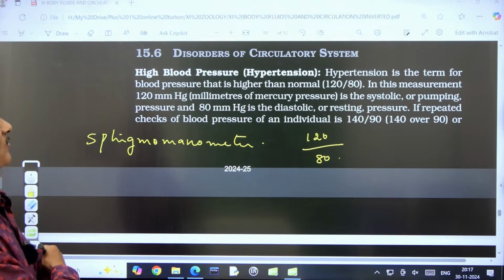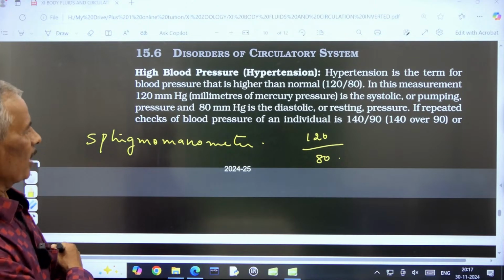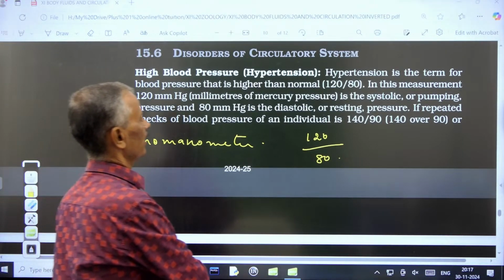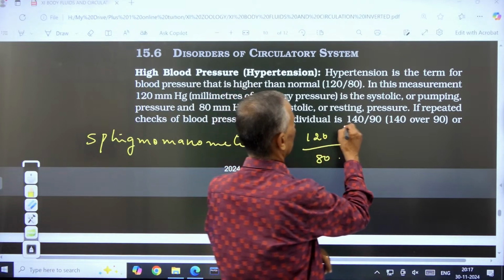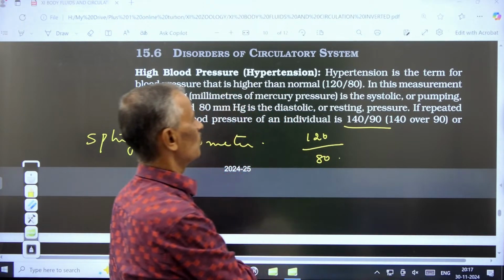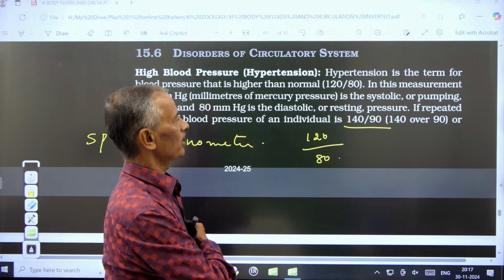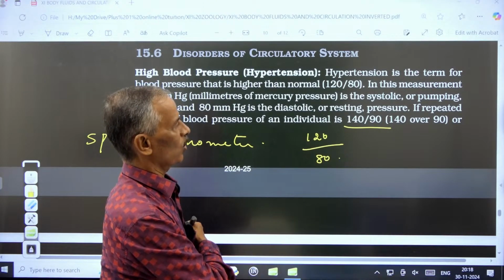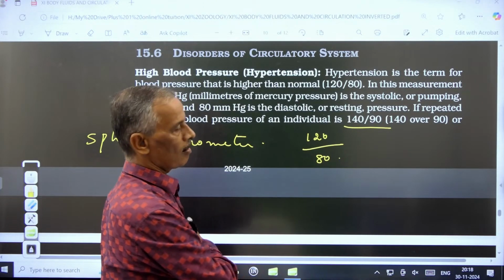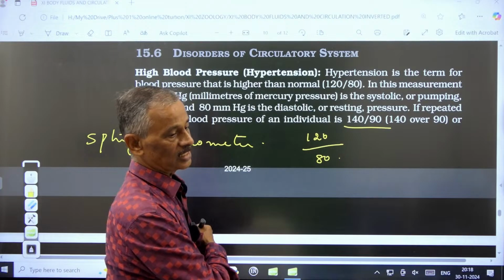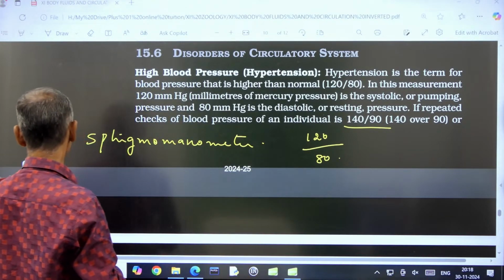But as age advances, sometimes old people will be having higher values. If the value is 140 during systole and 90 during diastole, it is called 140 over 90. It is called hypertension if that pressure is retained.